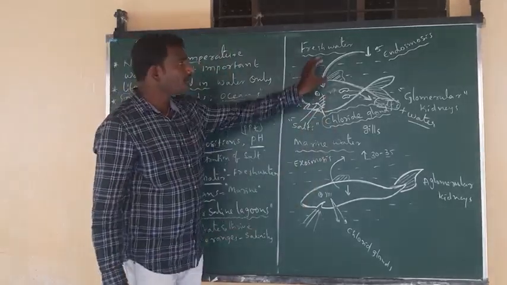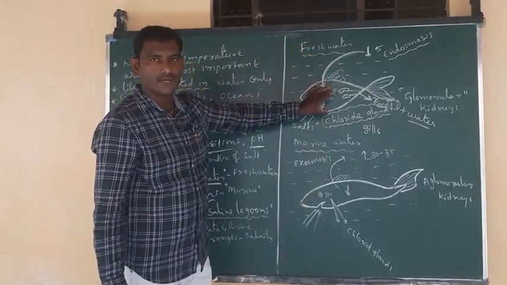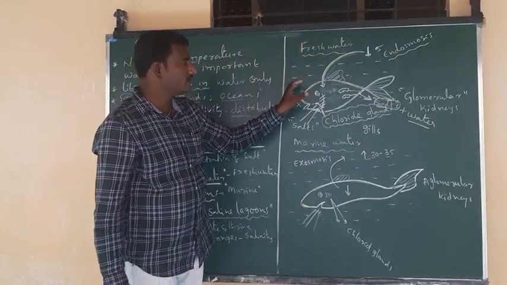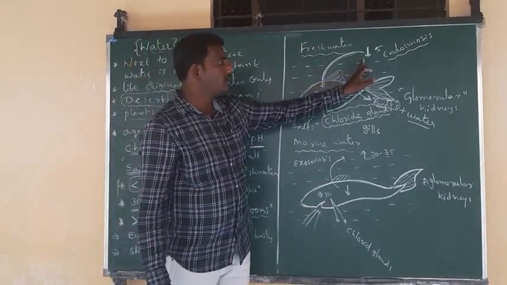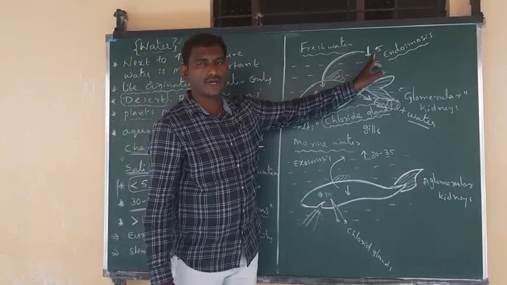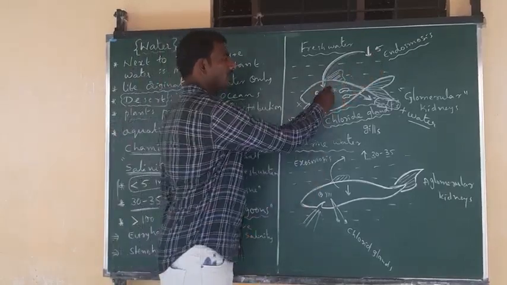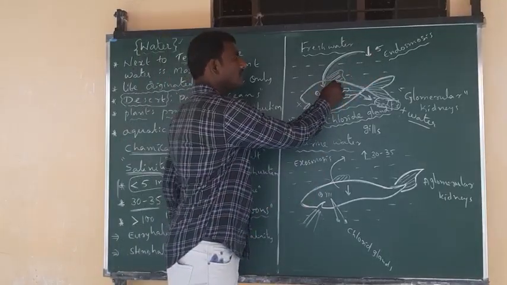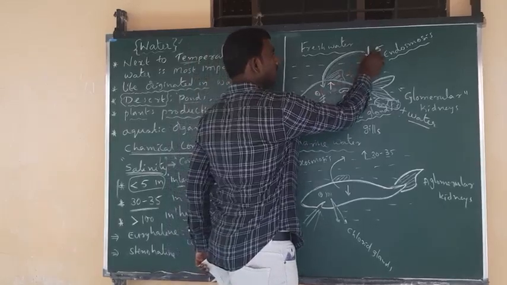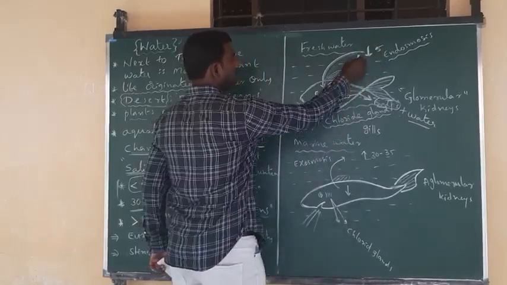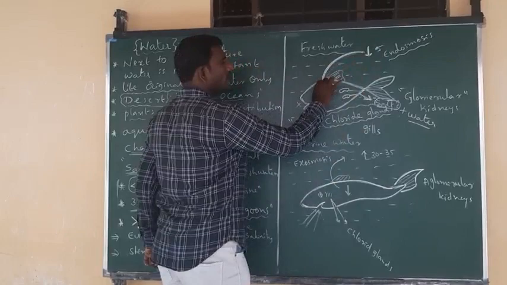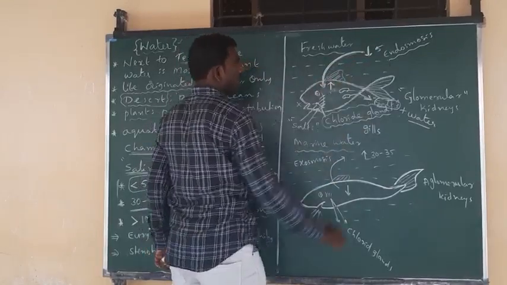So once again, freshwater fishes face a problem with water. What is that problem? The salt concentration of the water is less than 5 compared to their body fluids. Body fluids concentration is more; water concentration is less. Because of this, excess water enters the body by endosmosis.